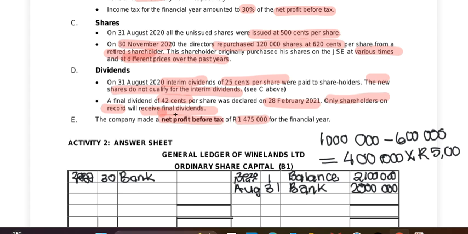So to calculate your average price, I don't have a space for working, so my workings are just going to be all over.